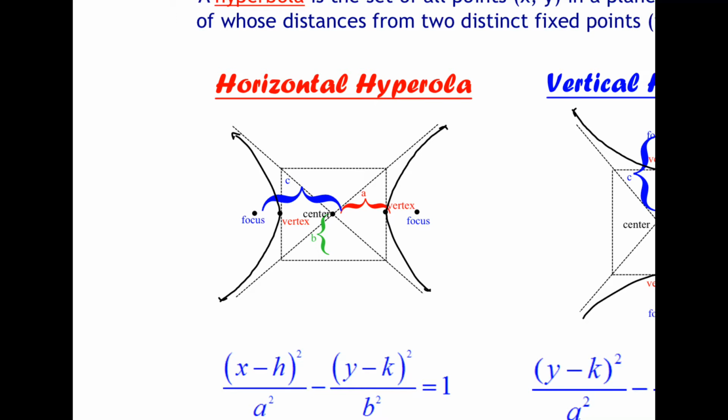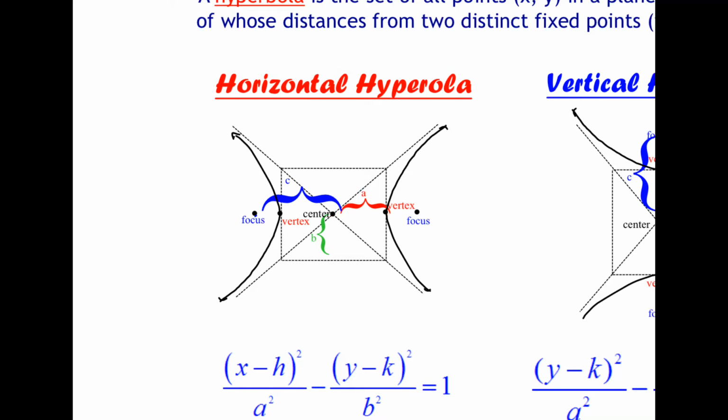The distance from the center to the focus is c units, so that's still the same as it was with an ellipse. The distance from the center to the vertex is a units, same thing as it was in an ellipse as well. Now we did have a major and a minor, but these are just called the vertex or the vertices.